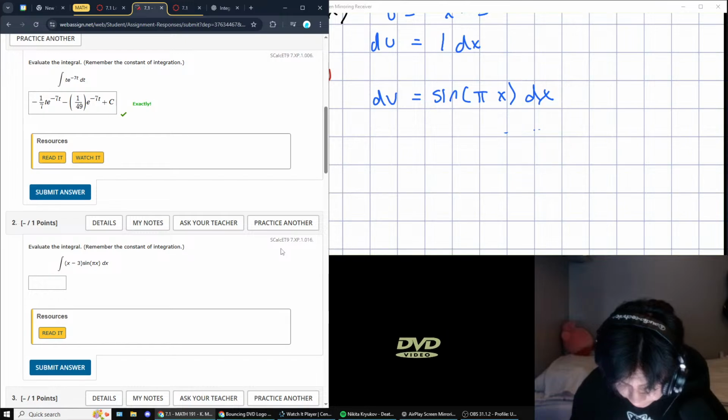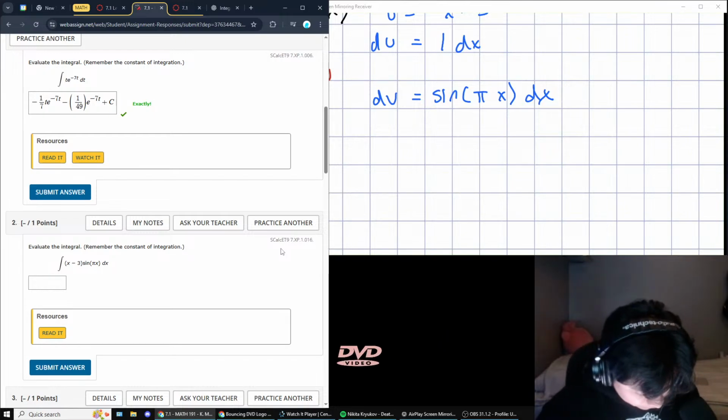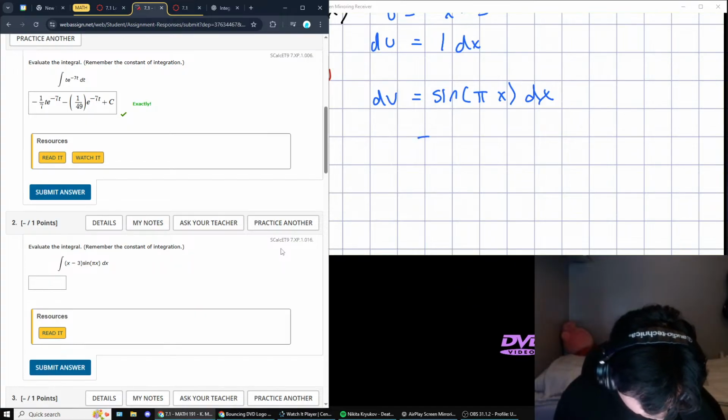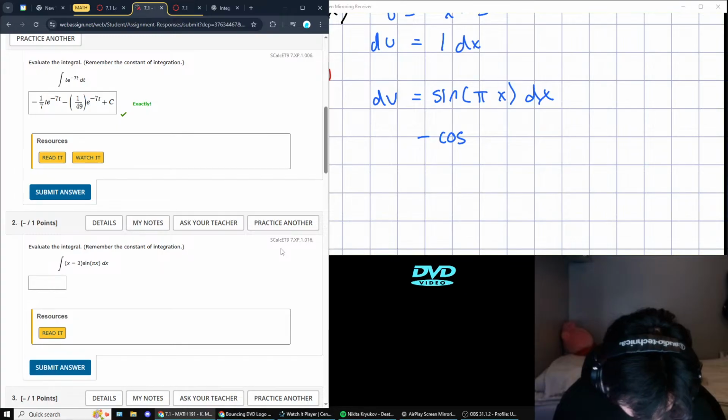Oh my god, I have to reteach myself how to integrate this. So I know the integral for sine is negative cosine times the inside.